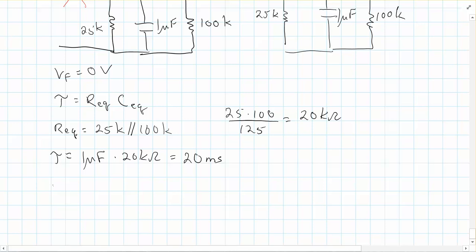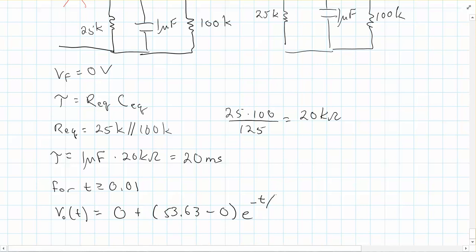So then for t greater than or equal to 0.01, we would have that my V out at t is equal to, well, my final value is 0 plus my initial value, which is 53.63 minus my final value, which is 0, e to the negative t over 20 milliseconds.